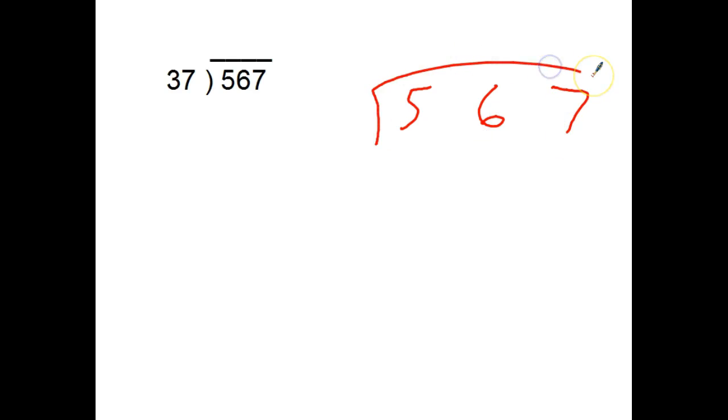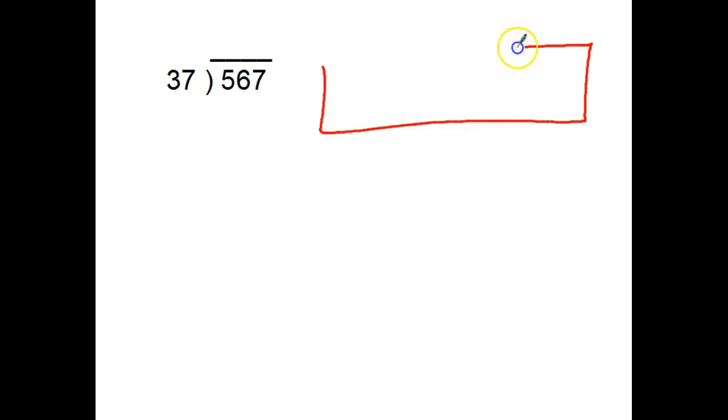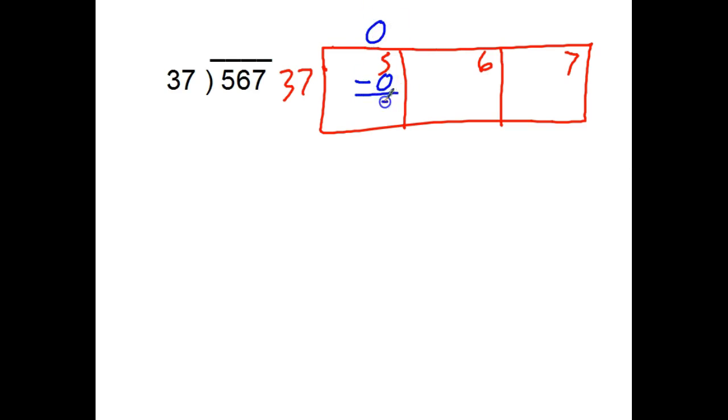Last one, you try it out. 167 divided by 37. You know what? I'm going to try this as a box it up. I just want to see if it will work that way. So if I got 37 on the outside, 567 on the inside. How many 37s in 5? 0.